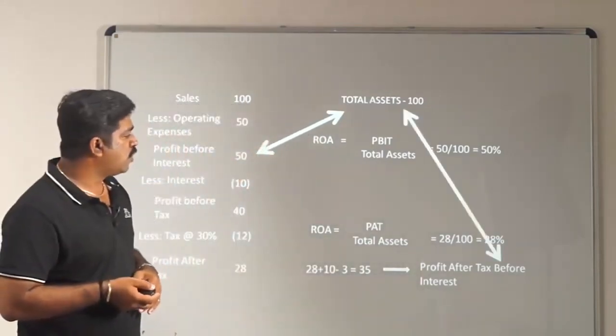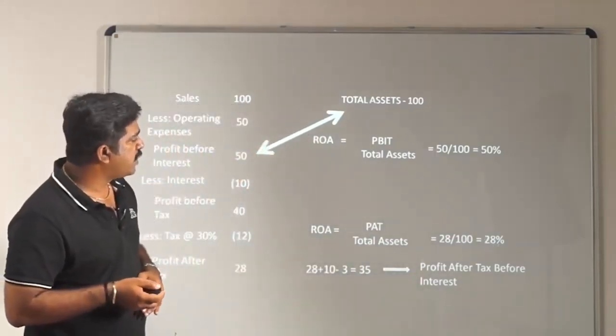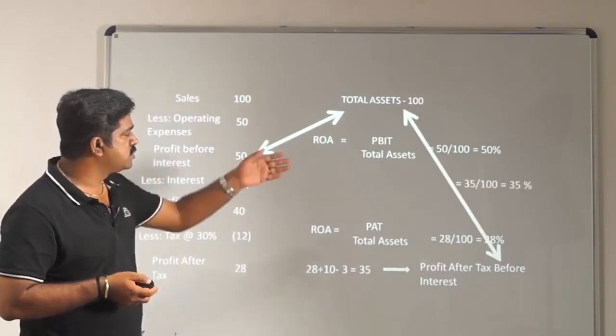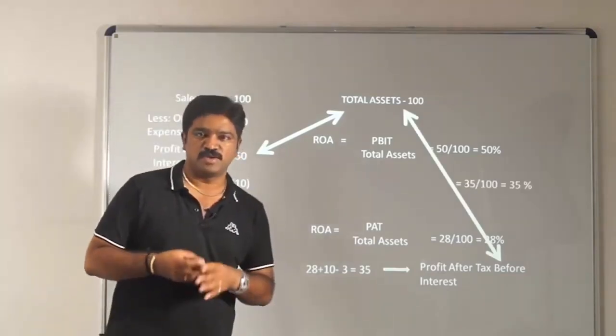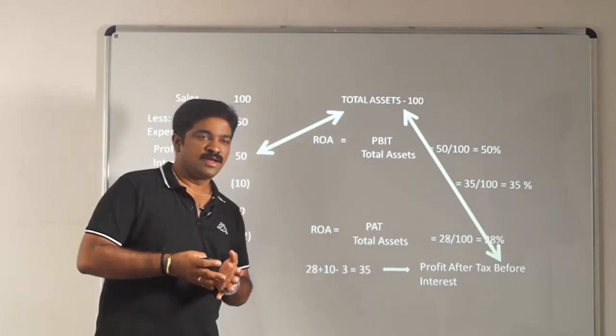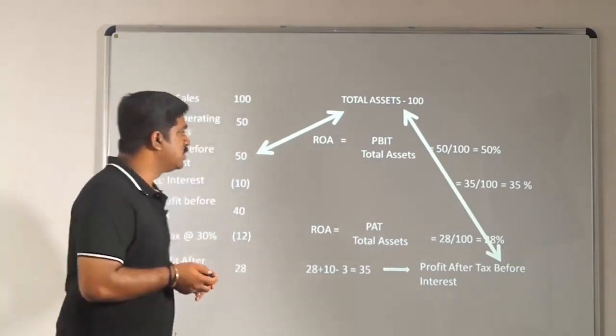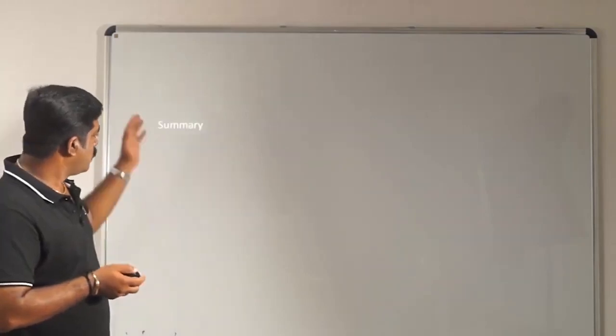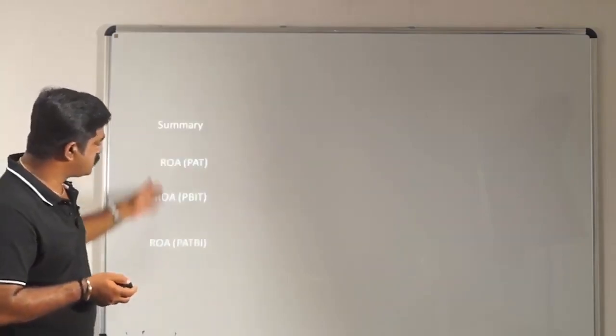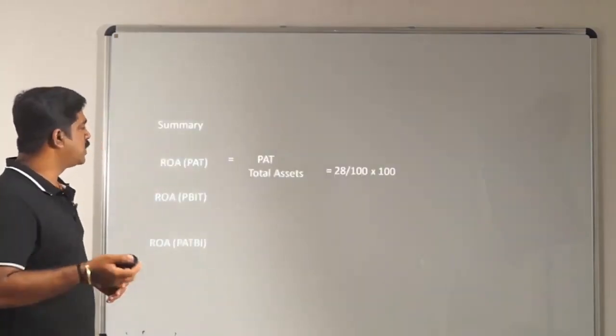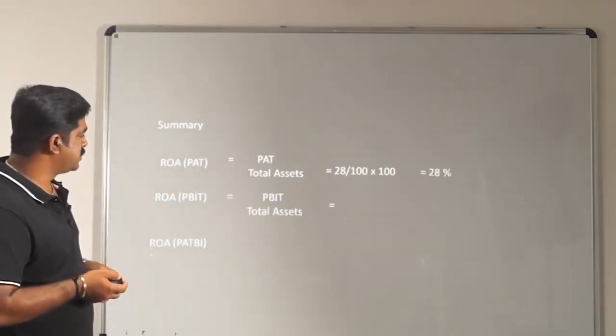So 35 on 100, the calculation leads to 35%. Okay, so this is the first case where we had 3 different types of profit and we are done with that. Then there's a summary where we are capturing all the return on asset percentages.